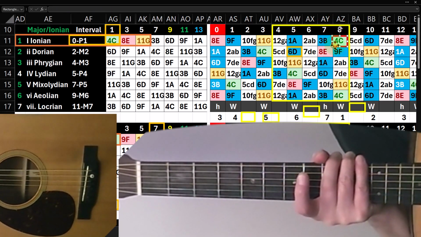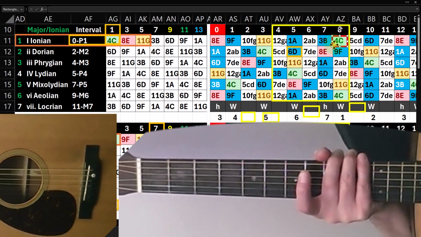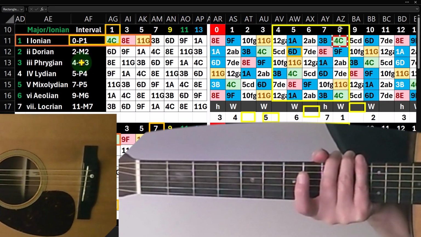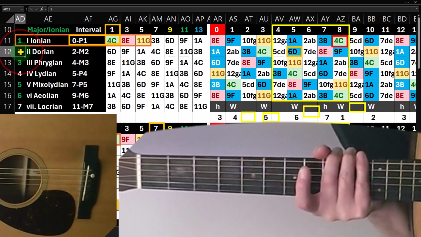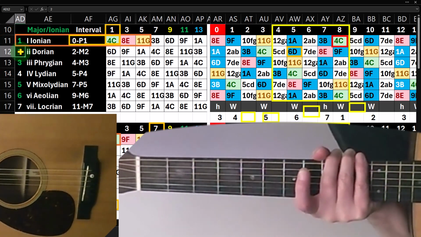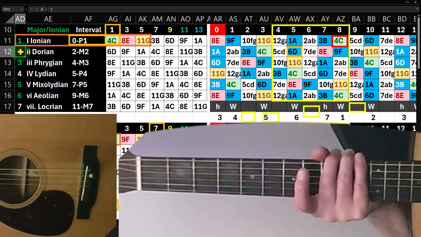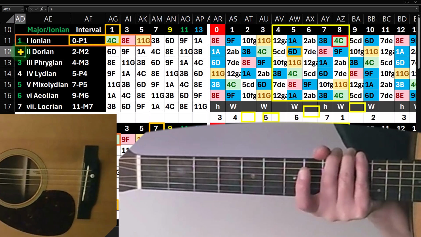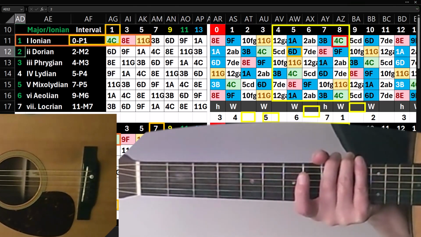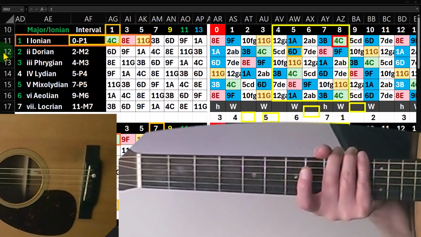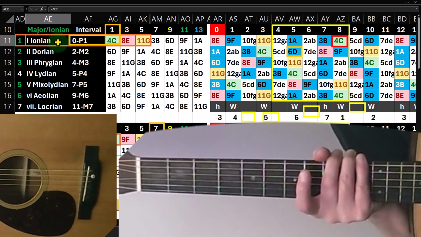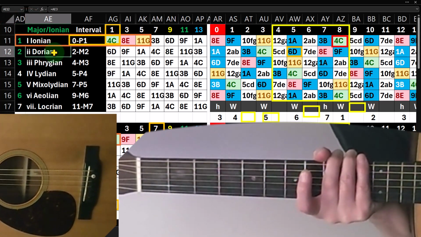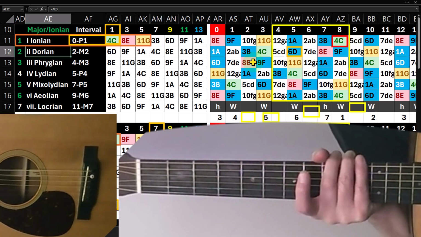I can look at this from the perspective of the C, which means I'm going from relative position 1 to relative position number 2. That makes sense. And from a modal standpoint, I'm going from absolute mode number 1, Ionian, to absolute mode number 2, the Dorian.